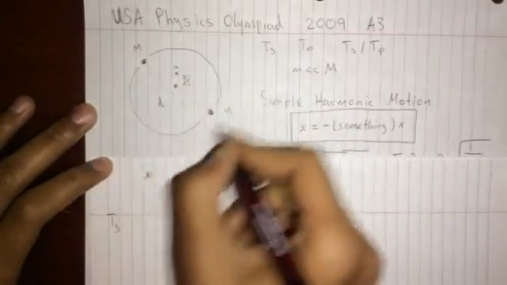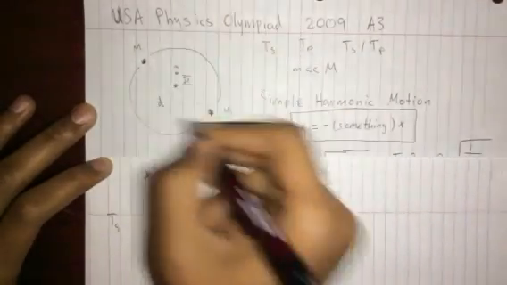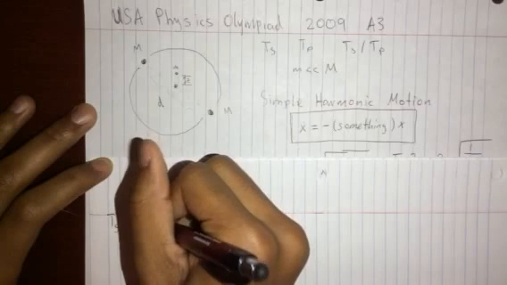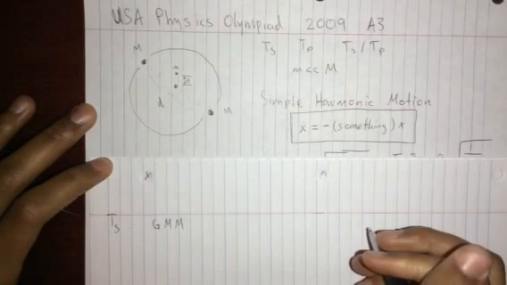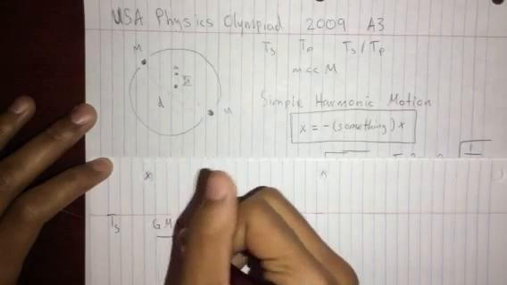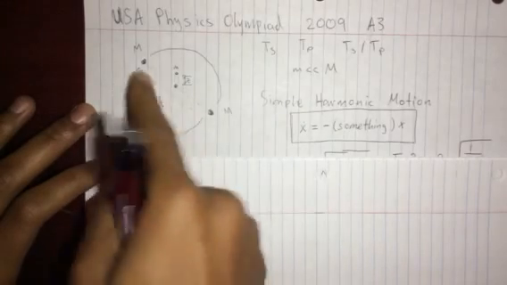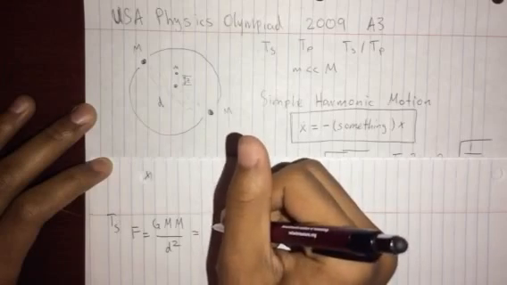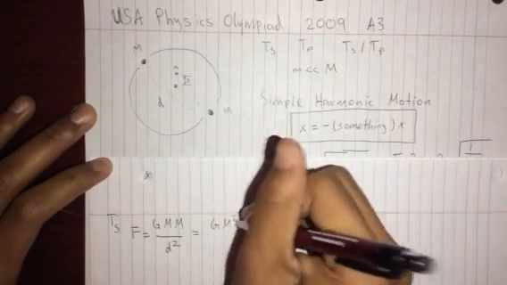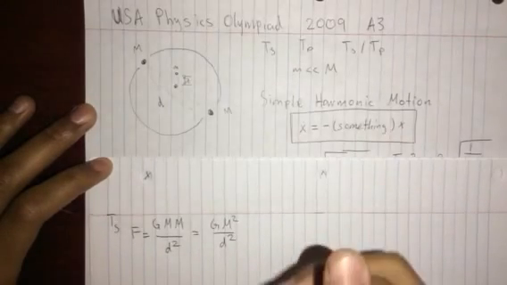We know they feel a gravitational force between them, G M M over d squared, the distance between them. So F equals G M M, which is G M squared over d squared.